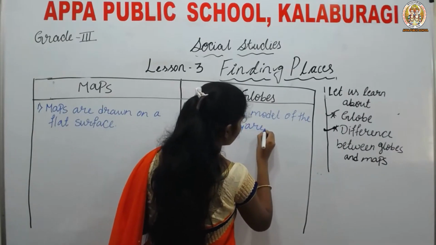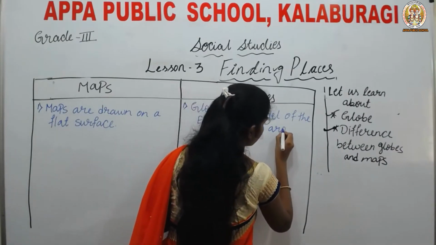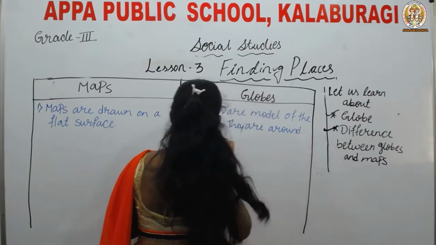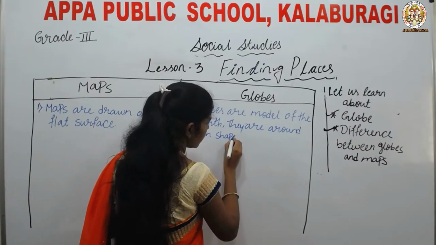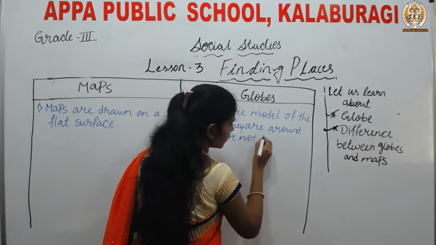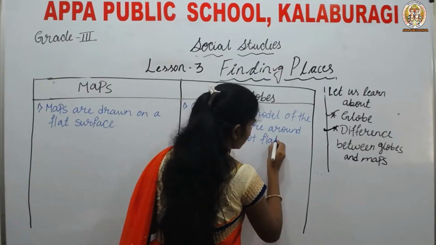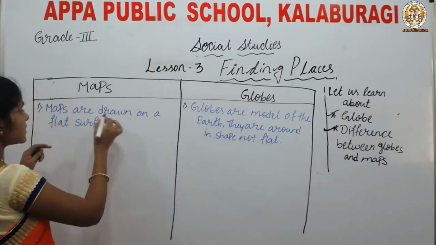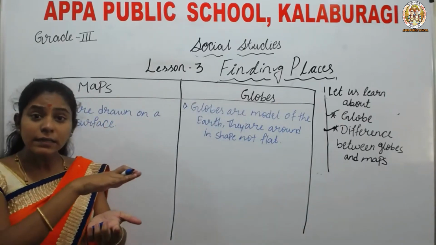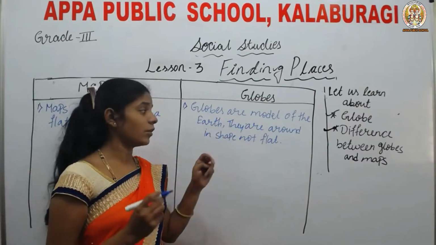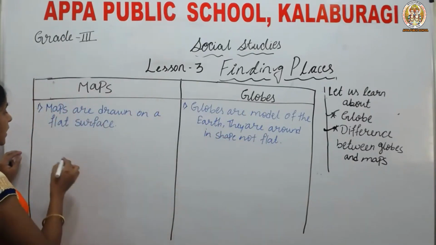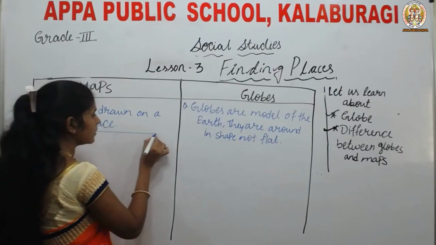They are round in shape, not flat. See, maps are drawn on a flat surface. Globes are models of the earth. They are round in shape and not flat.